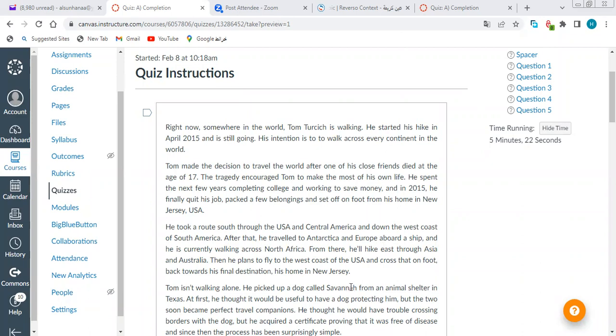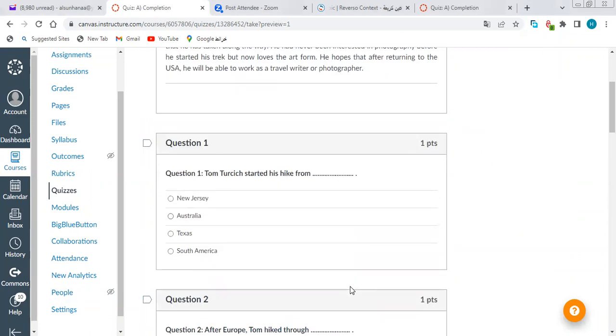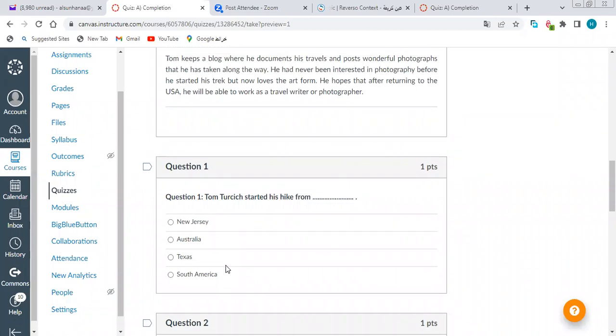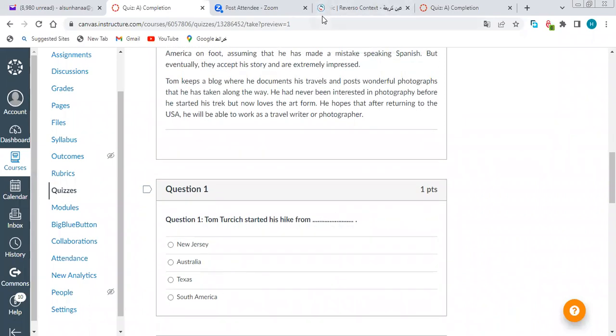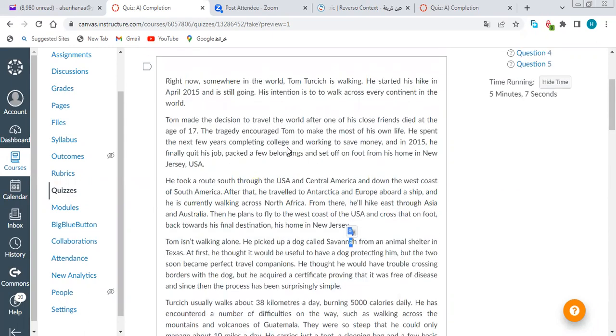Okay, show. There is the question. Tom Turkish started his hike from New Jersey, Australia, Texas, or South America. What is your answer? Again, you can find the answer in paragraph 1, 2, 3, or 4.